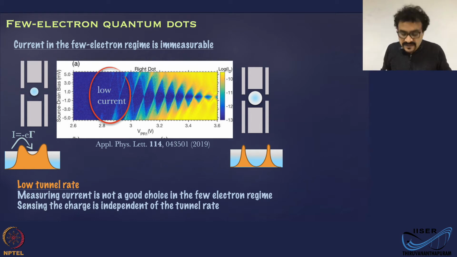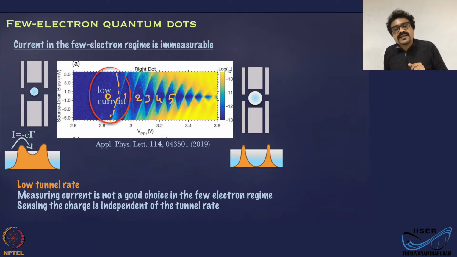If you look carefully, here you can see that the last diamond is like this, but I don't see a lot of signature of its closing back. So the question is, can I assume that this is 0 electrons, this is 1 electron, 2, 3, 4, 5, and so on?